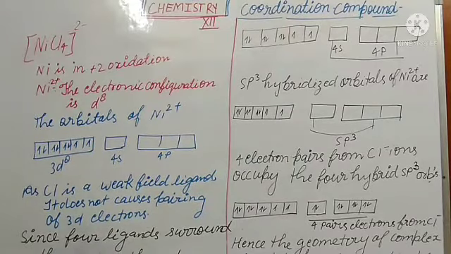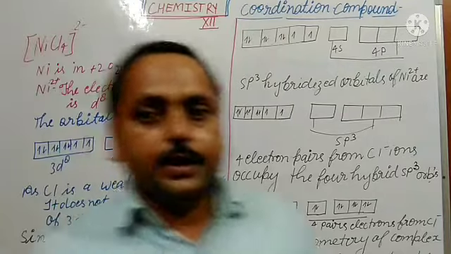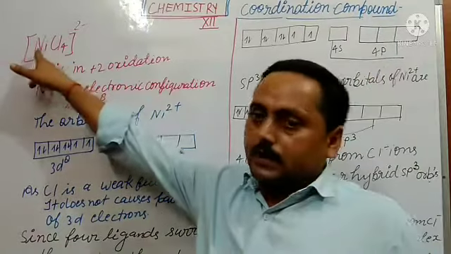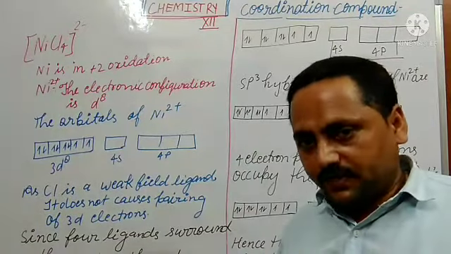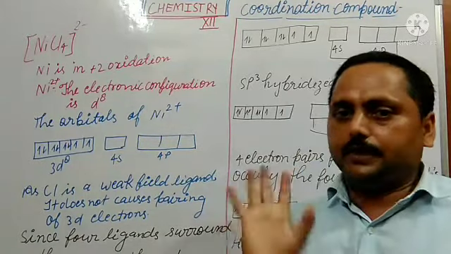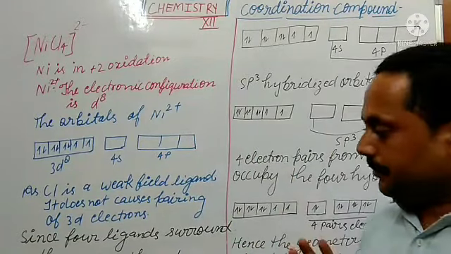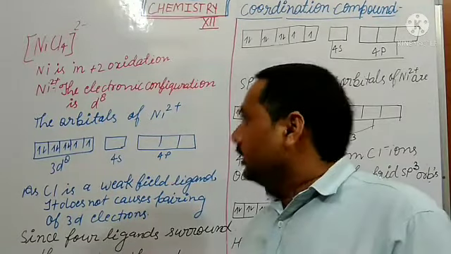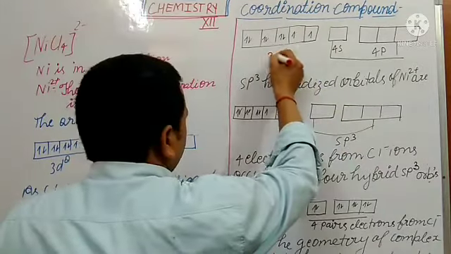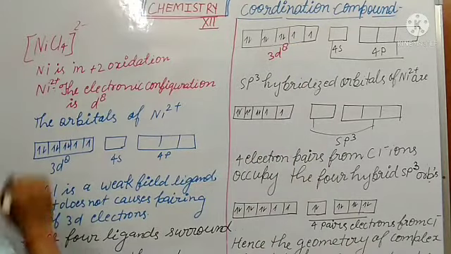So we see that since 4 ligands surround the central metal ion, the feasible hybridization is sp3. Here it is 3d, this is also 3d.